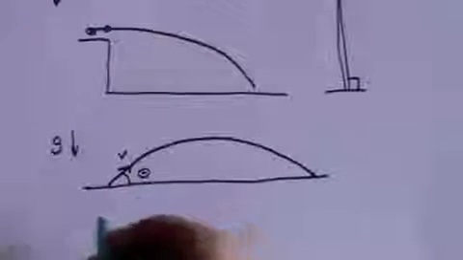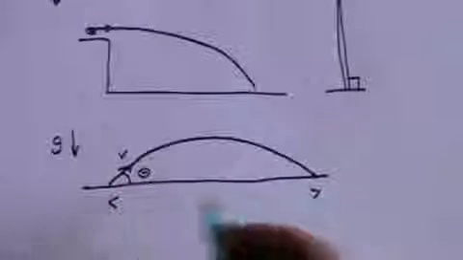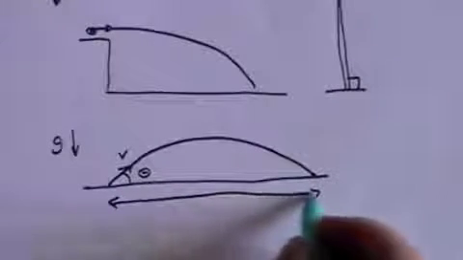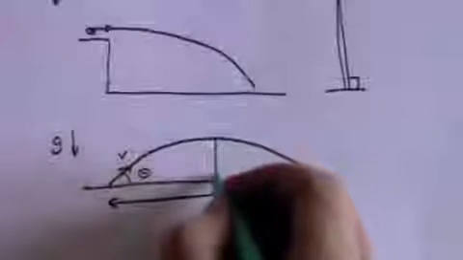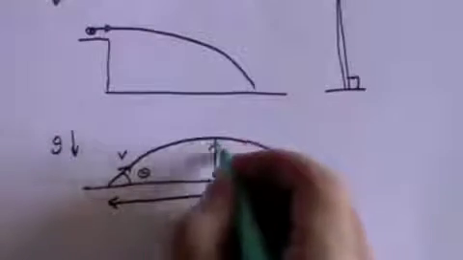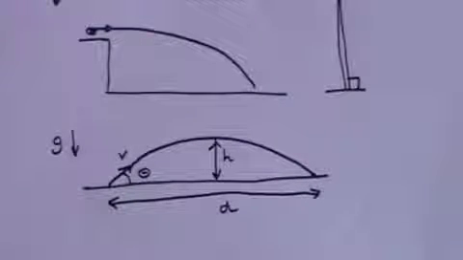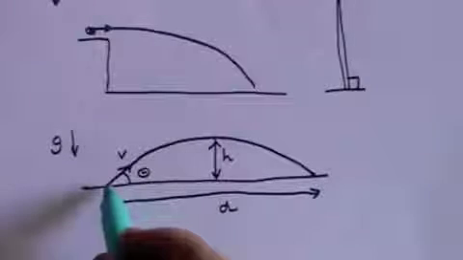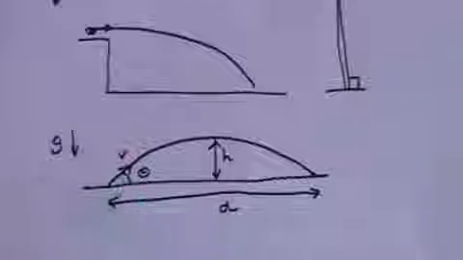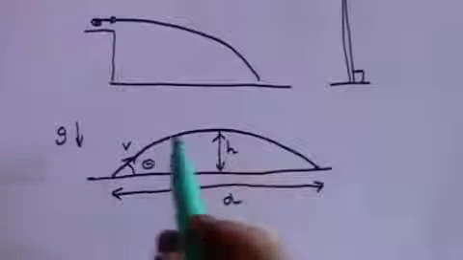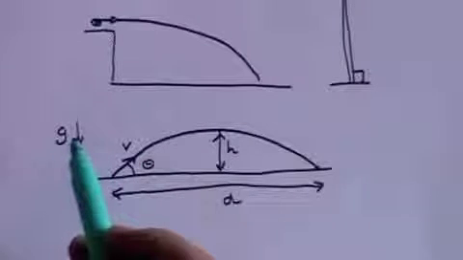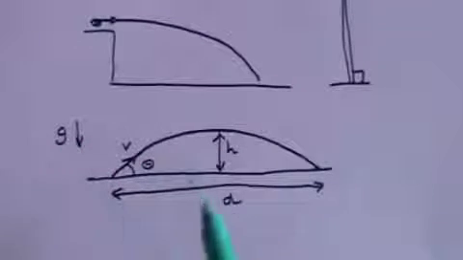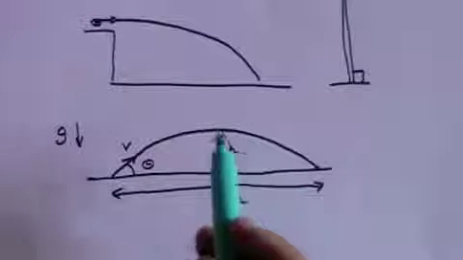And you'll often be asked to calculate the distance travelled, or what's sometimes called the range, and the maximum height that the ball will get to above the ground, or above the point at which it was thrown. And we will find that if you know v, the velocity, theta, the angle, and g, the gravitational attraction, then you can calculate d or h.